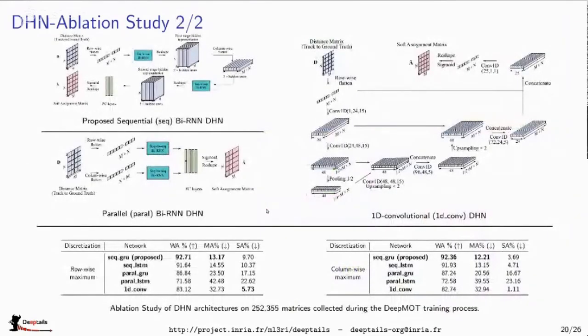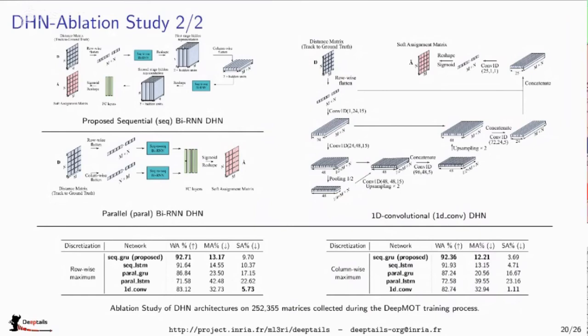Okay, here we just present the three different architectures that we ablated in our paper. So the first one is the proposed sequential bi-RNN DHN. Basically, you just flatten the input distance matrix in a row-wise manner and give it to the bi-RNN, and then you get a representation of the distance matrix row-wise.